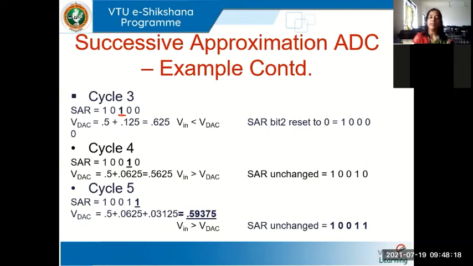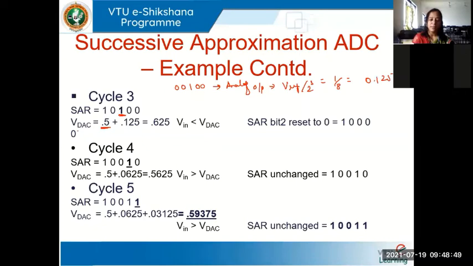If the third bit is made high and the first bit is high, the corresponding analog output value generated by the DAC will be 0.5 plus, when the third bit is high, 0, 0, 1, 0, 0, the analog output of the DAC would be Vref divided by 2 cubed, 1 by 8. 1 by 8 corresponds to 0.125 volts.